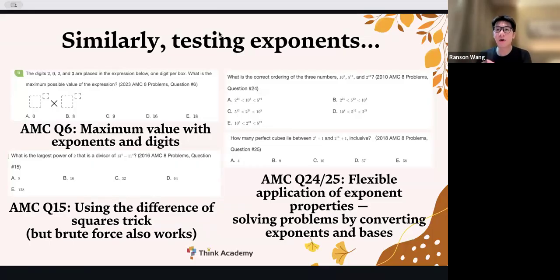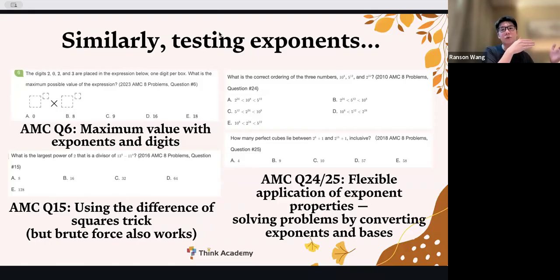The exponents 8, 12, and 24 actually have a common factor, so you can take out the common factor and change all of the exponents into 4. Under this, you can actually compare them. As you can see, throughout this process, you started to analyze this question and you sort of have a trial and error method.